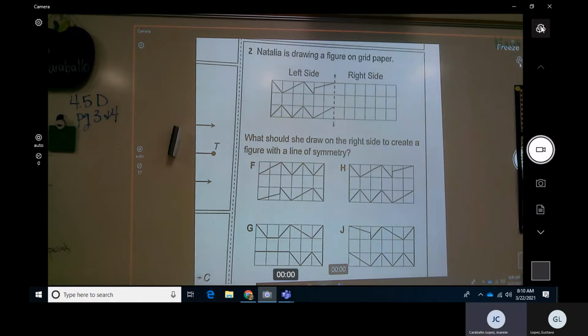So what is the example of what a line of symmetry is? Can you lower your mask so I can hear you? Go ahead, Rachel. So it says the line on which a figure can be folded so both halves are the same, okay? So, ¿qué dice la línea de simetría, amigo? Marlon, rapidito en español. Léelo en voz alta.